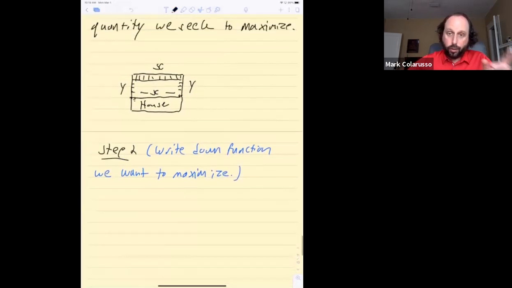We wanted to maximize the area of this yard, right? So A is equal to the area of a rectangle, which is just x times y. So again, it's a similar formula to the one we had in the first problem, but coming from a geometric perspective, rather than a number theoretic perspective.